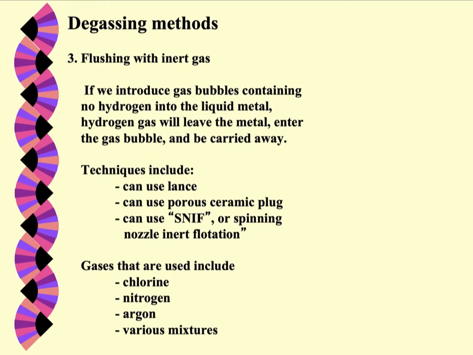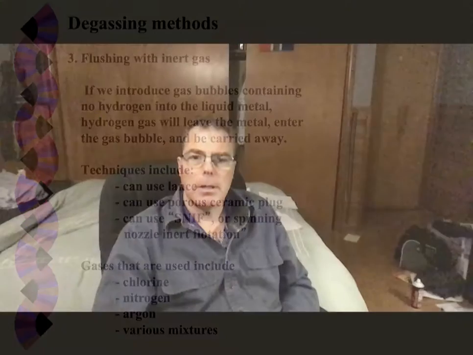We can take inert gases like argon or nitrogen and bubble them through the molten metal. As the bubble travels up through the molten metal, it has a very low concentration of hydrogen in it, so the hydrogen wants to go into the bubble, from an area of high concentration to low concentration.